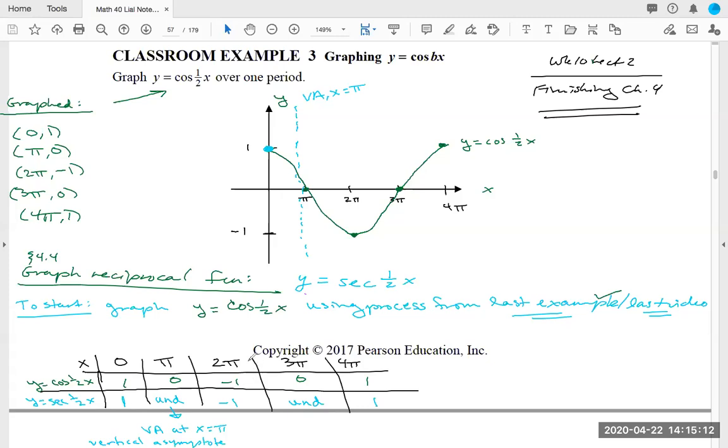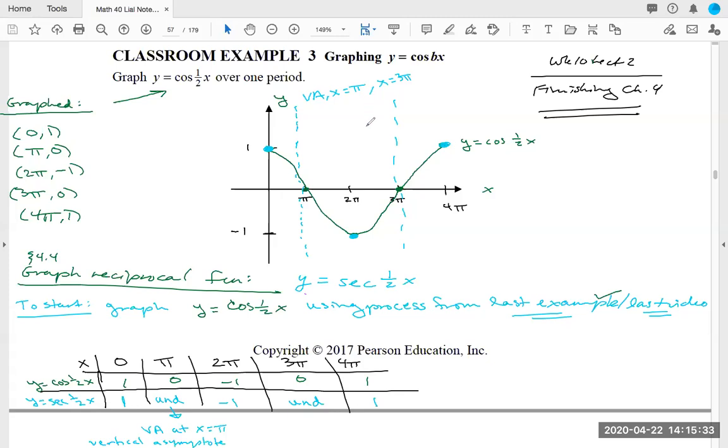All right, I have 2 pi, -1. I have a vertical asymptote at 3 pi. And then I have 4 pi, 1.